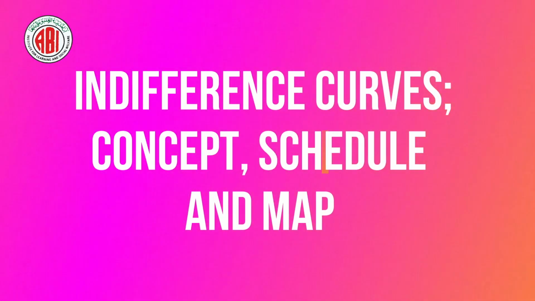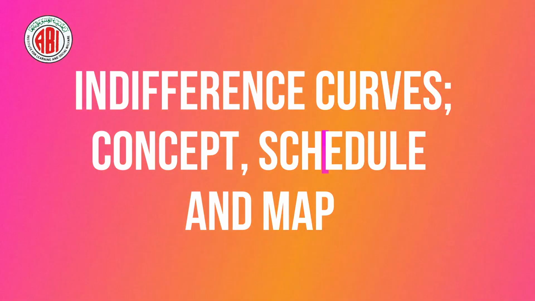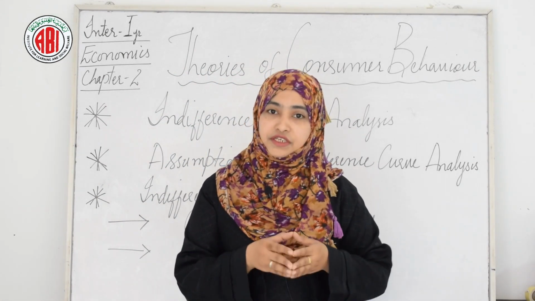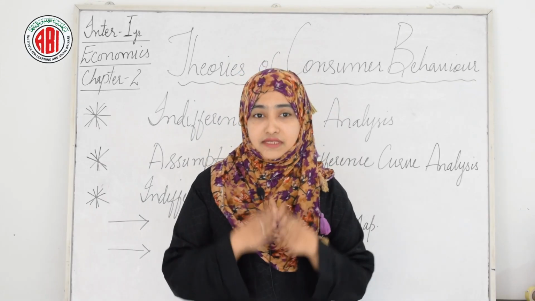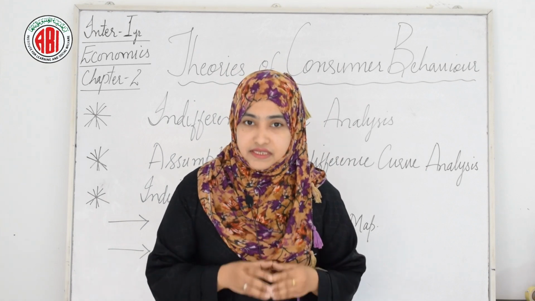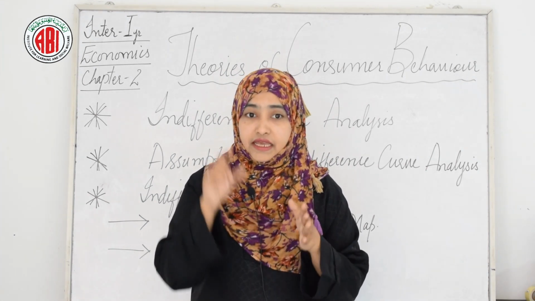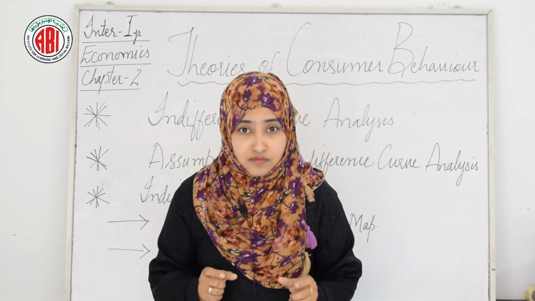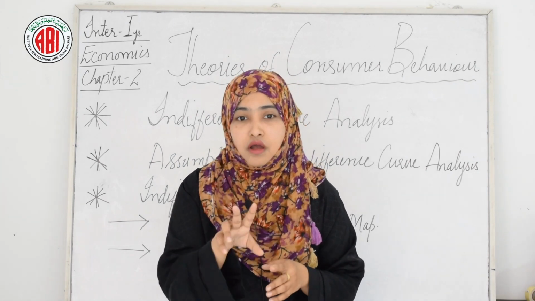Now we will see the indifference curve's concept, schedule and map also. So in indifference curves there are the concept, schedule and map. First we will go with the concept. Based on the consumer's scale of preferences, we can draw indifference curves, and indifference curves represent the satisfaction of the consumer from the consumption of a combination of two commodities.